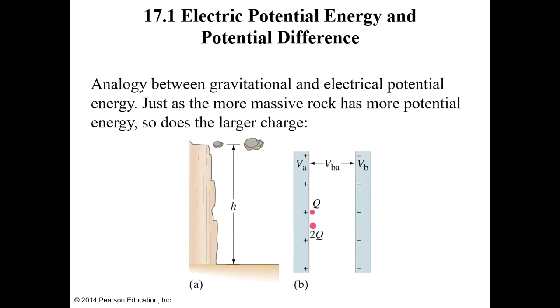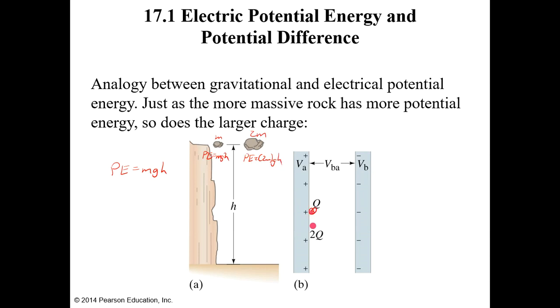So I brought this up earlier, but the analogy between gravitational and electrical potential energies is very close. Remember that potential energy for a falling object is calculated as mgh. If I double the mass, then my potential energy would be double the mass times gh.